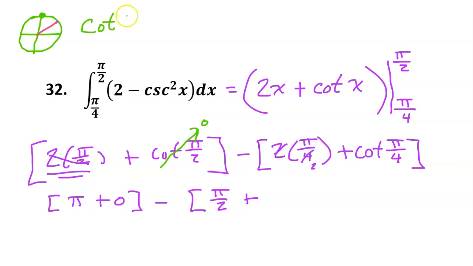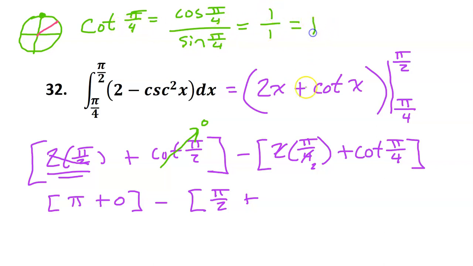Remember, the cotangent of pi over 4 is going to be cosine over sine. And we know the cosine of pi over 4 is 1, and the sine of pi over 4 is also 1, so the cotangent of pi over 4 is 1. So I'm going to end up with pi over 2 plus 1.